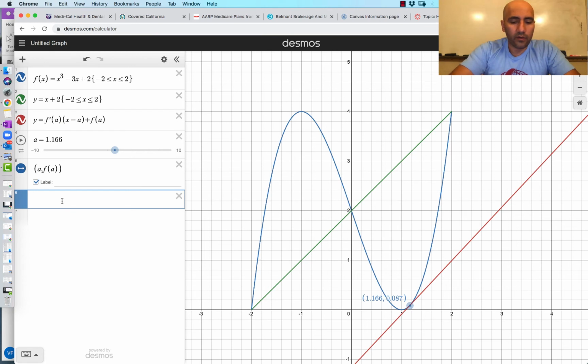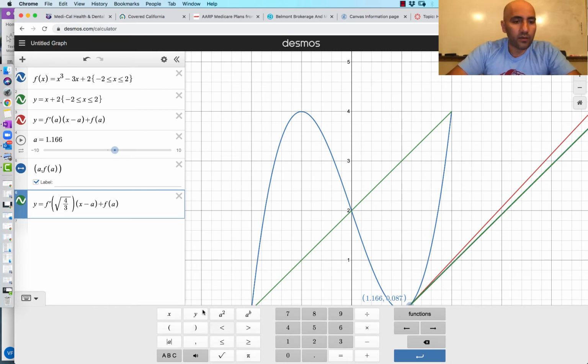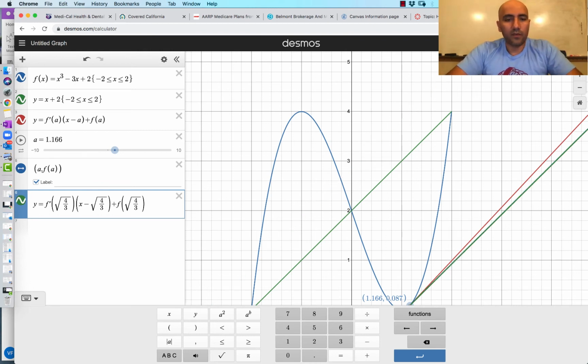Copy, put it over here, Control B. And let's replace the a with just that square root of 4 divided by 3.